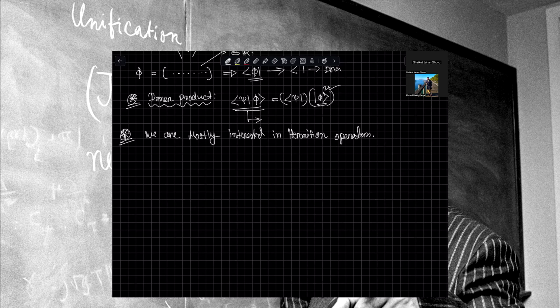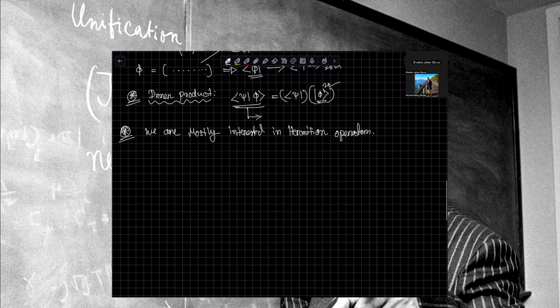So what are Hermitian operators? Well, let's say you have a matrix A, but the elements of A can belong to the complex number field.